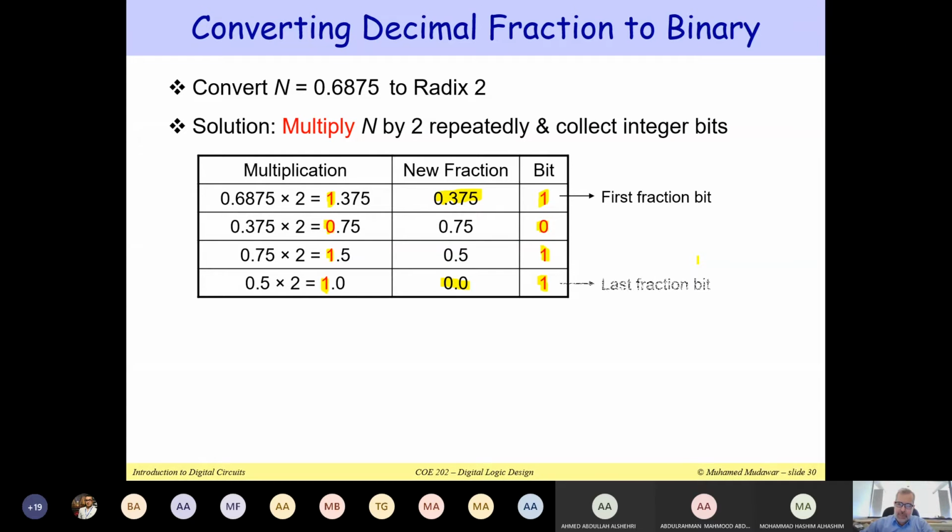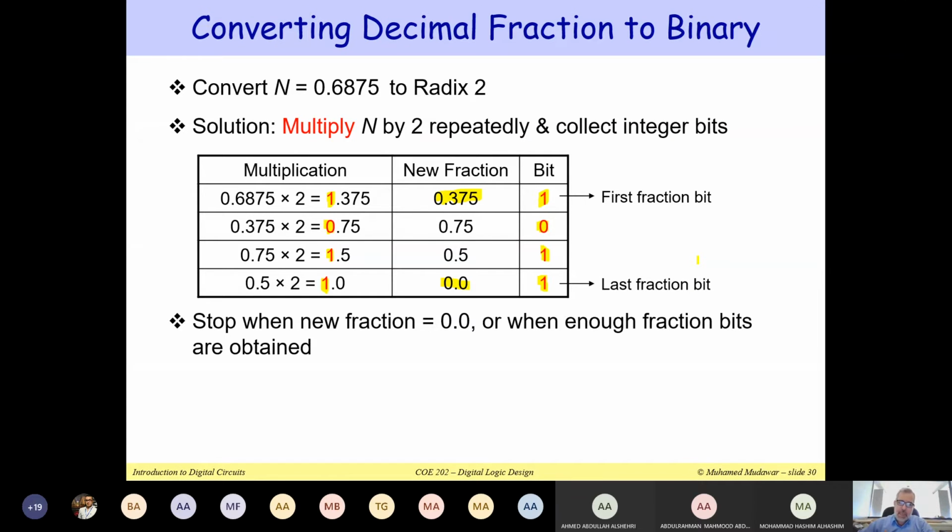So this is the first fraction bit, this is the last fraction bit, and we stop when the new fraction is equal to 0.0. Now sometimes, because it's a fraction, unlike integers, the conversion will not always stop. In the case of a fraction, this might go forever. You might actually have an infinite number of bits in the fraction.